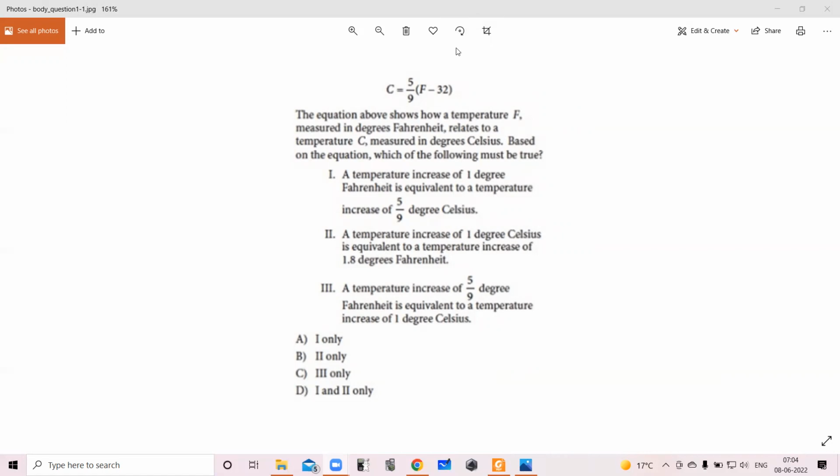A temperature increase of 1 degree Celsius is equal to a temperature increase of 1.8 degrees Fahrenheit. And a temperature increase of 5/9 of a degree Fahrenheit is equivalent to a temperature increase of 1 degree Celsius. We have to check out of the three how many are right.